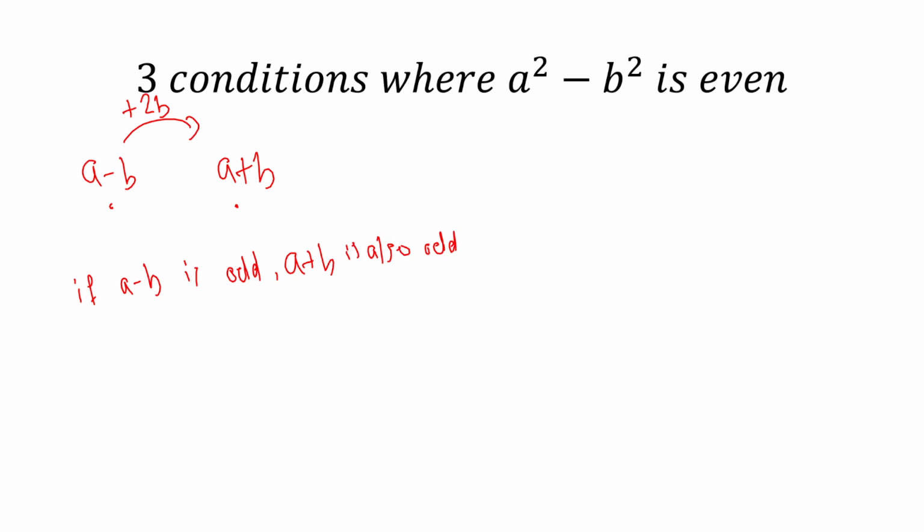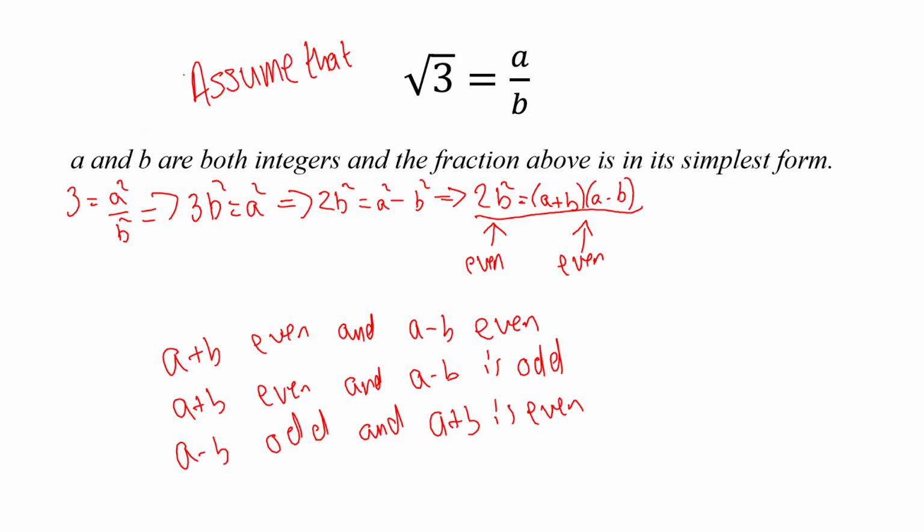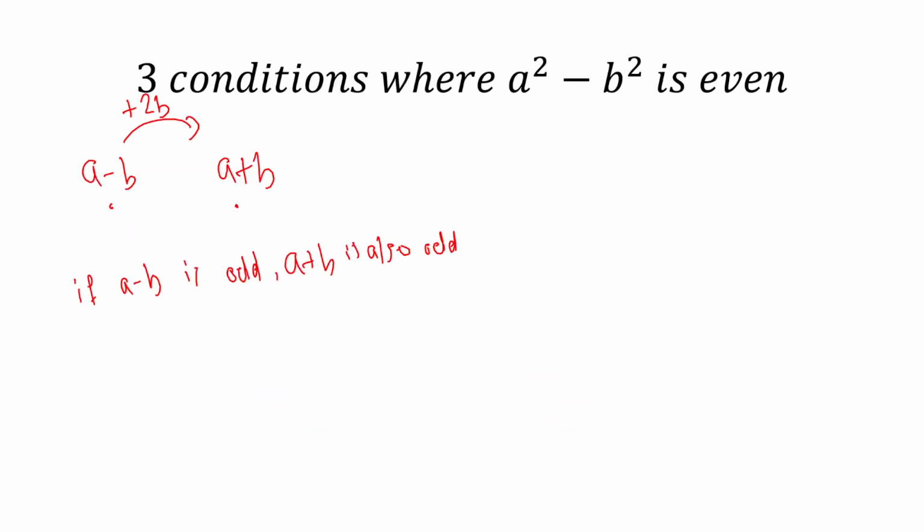And this won't do. This is not one of our conditions. We said before that there are three conditions, and we now know that neither number can be odd, because if one number is odd, the other number must also be odd, and vice versa.